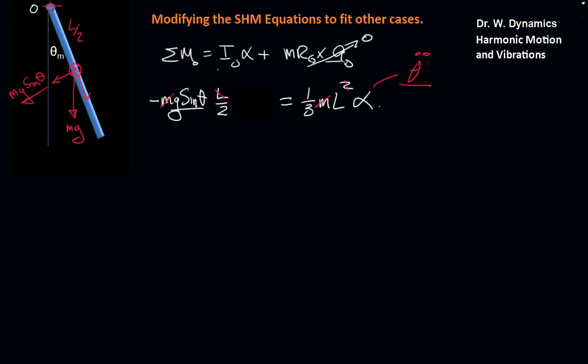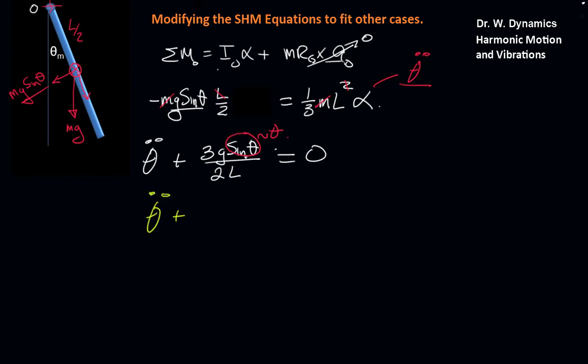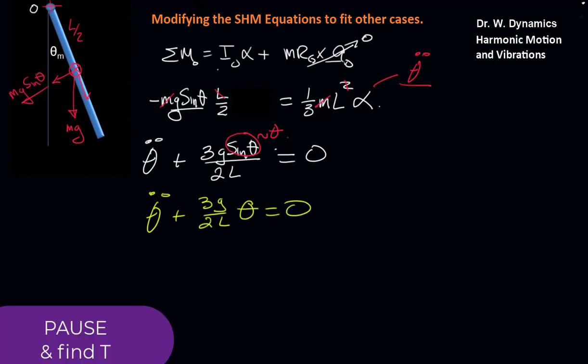So rearranging this, we'll have theta double dot plus 3g sine of theta over 2L equals 0. It's going to be approximately theta for small angles, at which point we have theta double dot plus 3g on 2L theta is equal to 0.